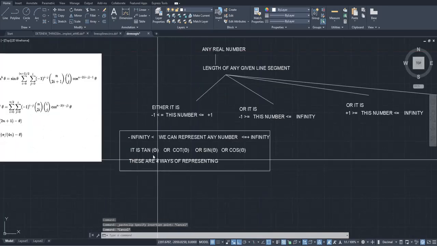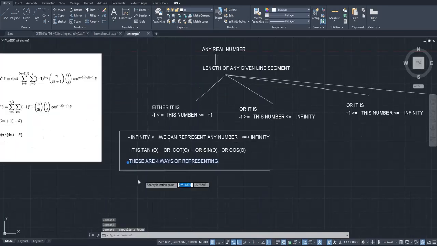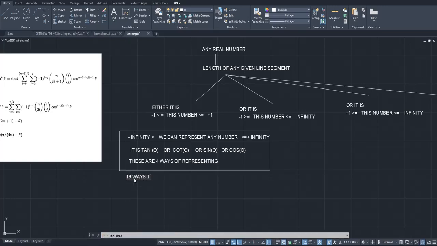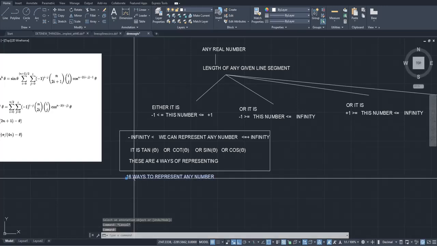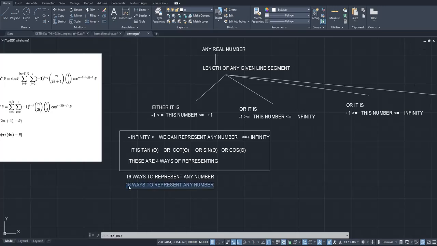So we can see 16 ways to represent any number, that is 16 different triangles. 16 triangle orientations are possible for every real number.